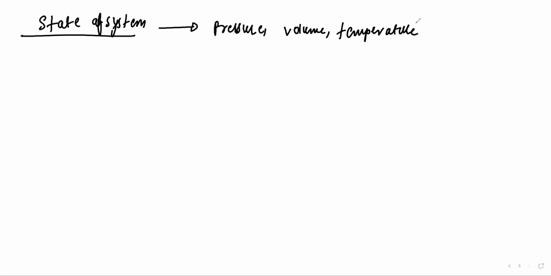These come under the properties of the state of the system, as well as the composition of the system. We need to describe the system by specifying it before and after the change.